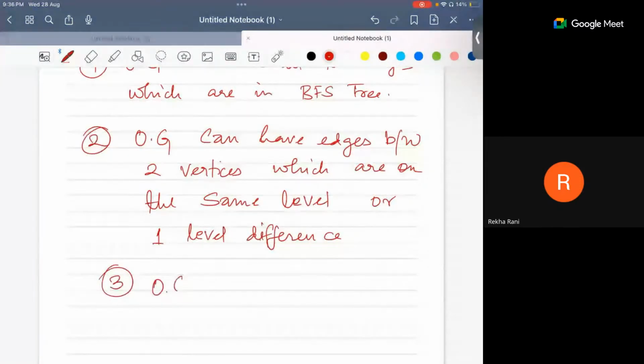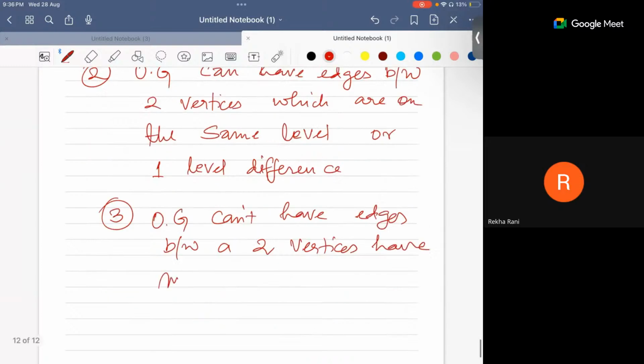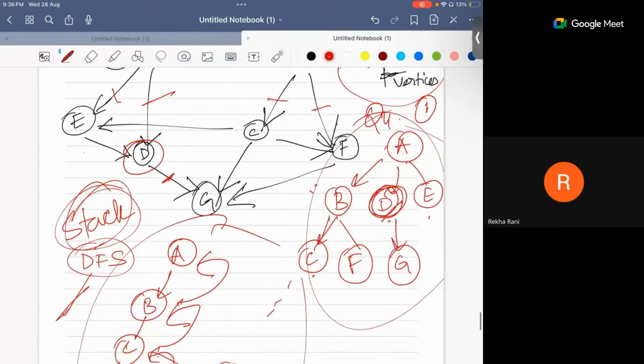There can't be an edge in the original graph between two vertices with more than one level difference. Did you understand this?